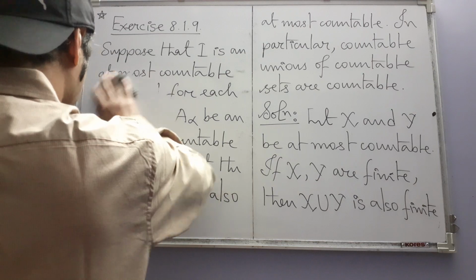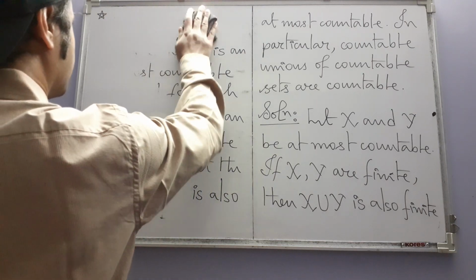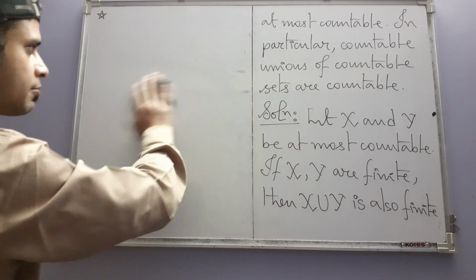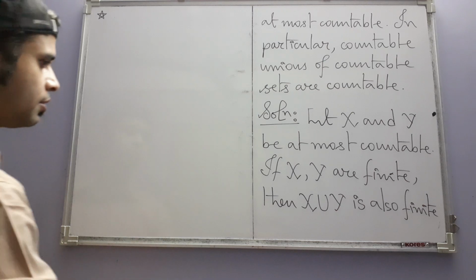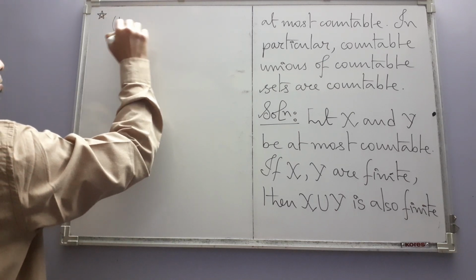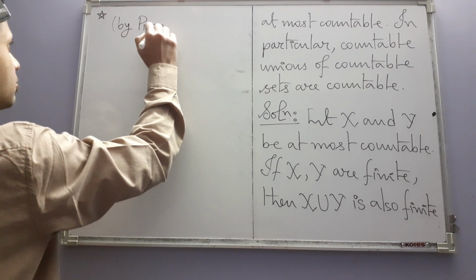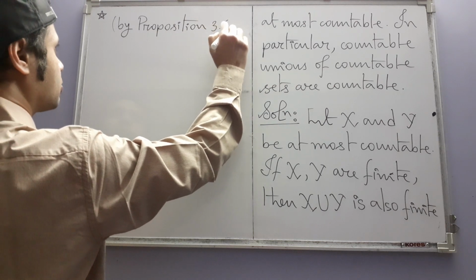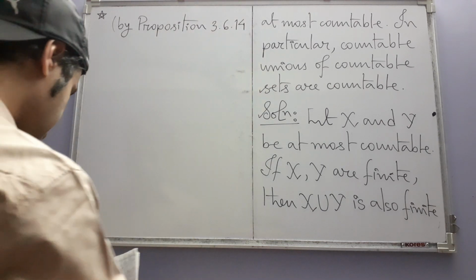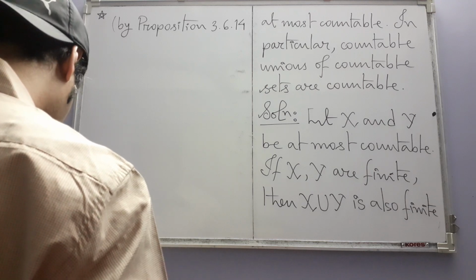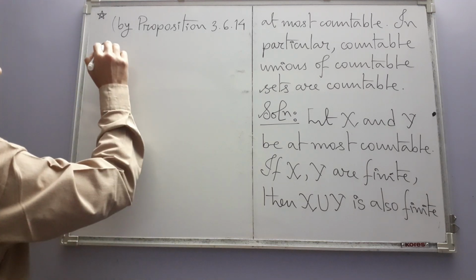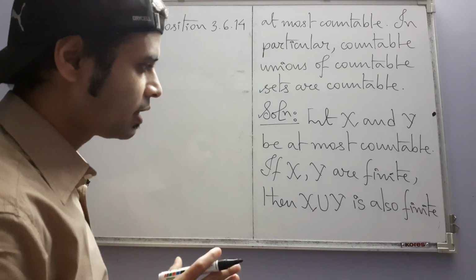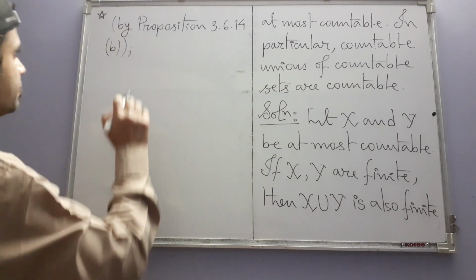Which part, I don't remember, I have to see it here. 3.6.14, part B. So when both the sets are finite, then so is their union.